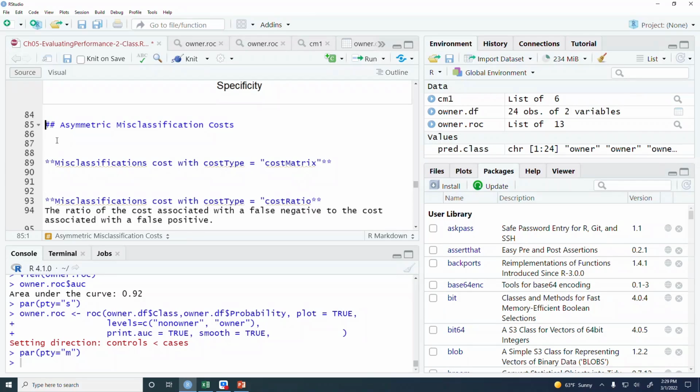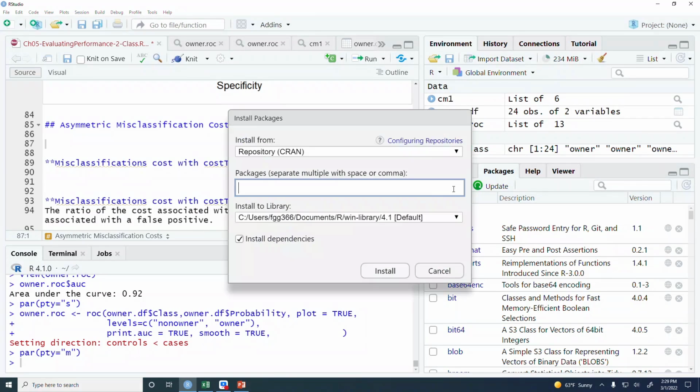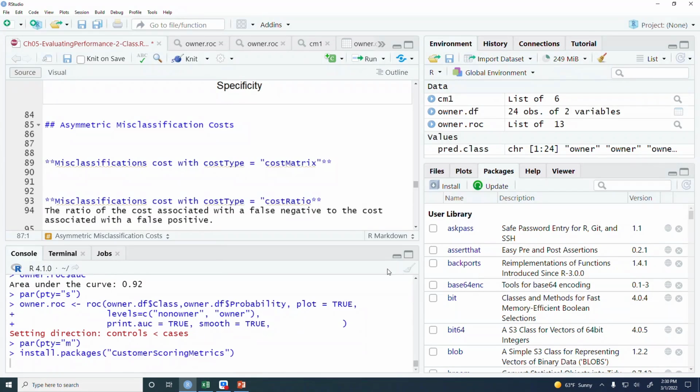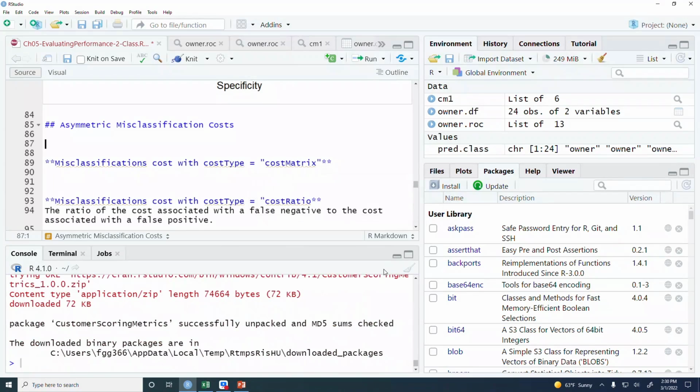Now we need another library for that, and that is customer scoring metrics, and then we run that library.